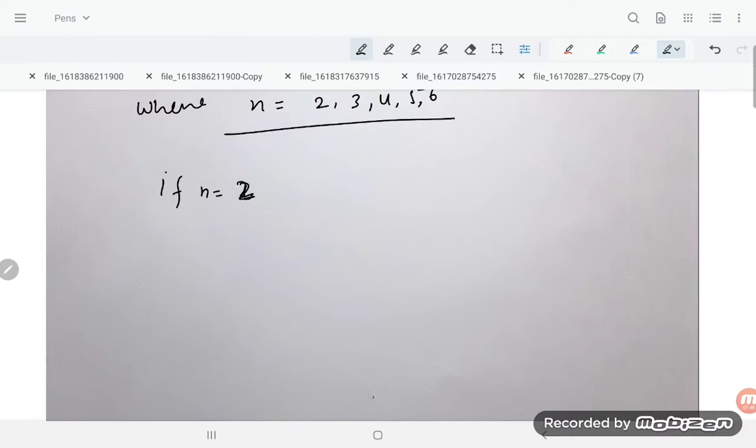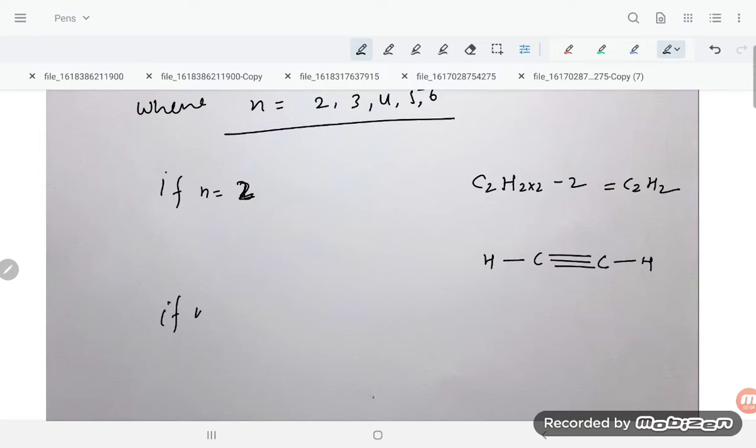If n is equal to 2, then C2H2n minus 2 gives C2H2. So write down C and C, with 1 hydrogen here and another hydrogen here, to balance the tetravalency of carbon.